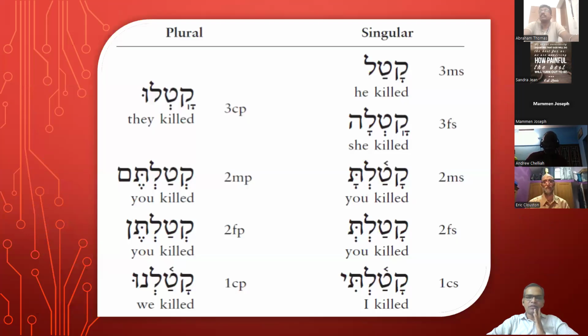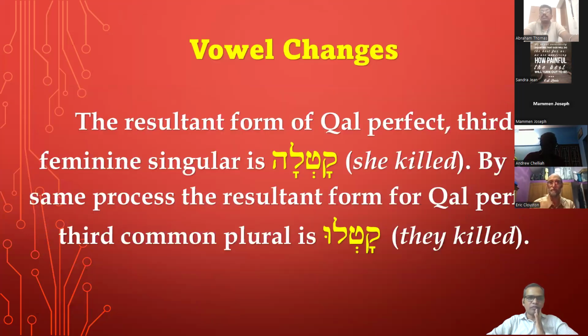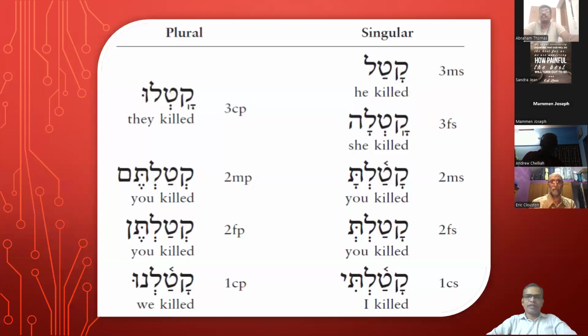Maybe you don't see that in the notes which I have posted here, but in the next display you will see that. Now the end part will be ka te la. Tet will carry simple vocal shiva instead of pata. And then since that simple vocal shiva has to be pronounced, the kamats will carry methek. Look at this display.